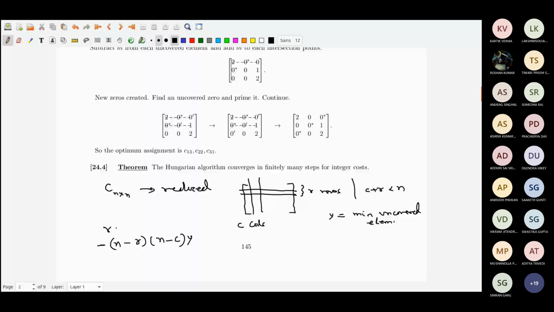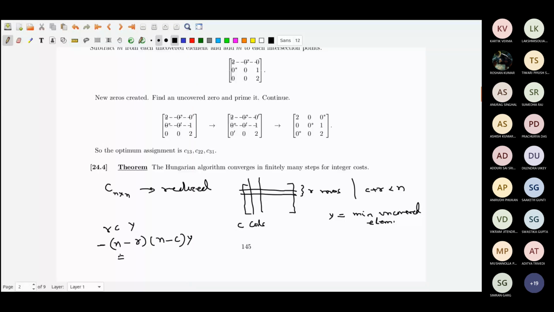So from the old matrix, the total amount of change, addition and subtraction, that I have done is this much. I take a minus sign.